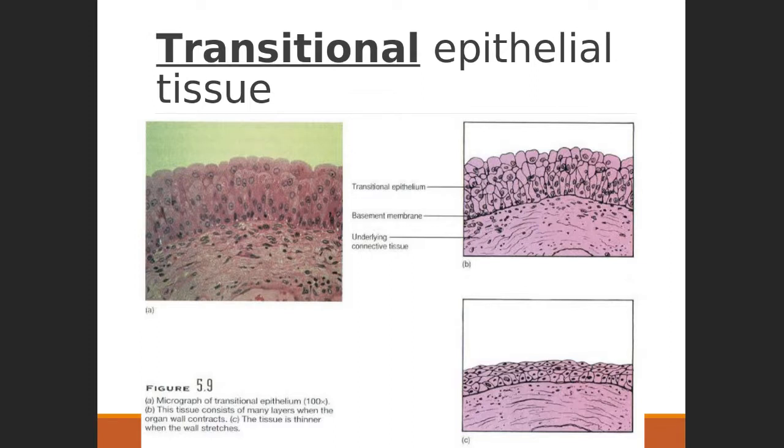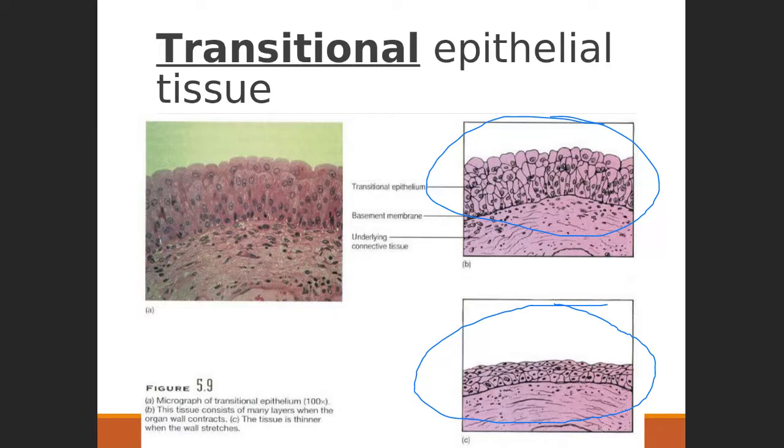However, now I tell you that this tissue at the top is the exact same tissue as the tissue on the bottom, except we're looking at them at different times. Transitional epithelial tissue undergoes a lot of stretch and retraction.